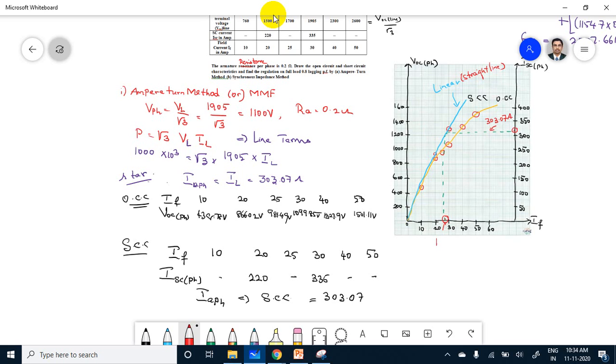This point I call FAR, the resultant magnetic field in armature. This point will be 27.5 ampere. FAR is 27.5 ampere.